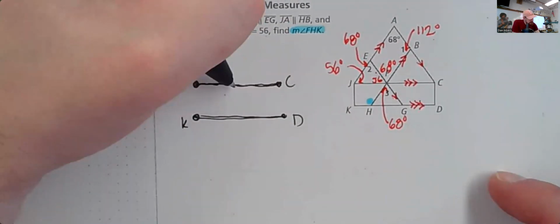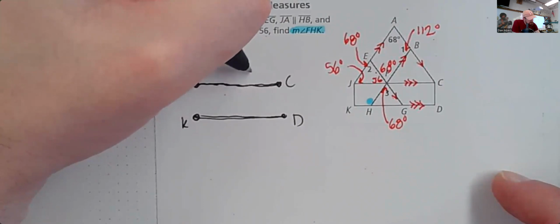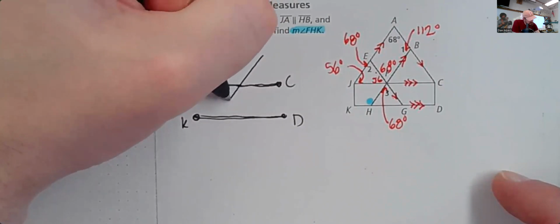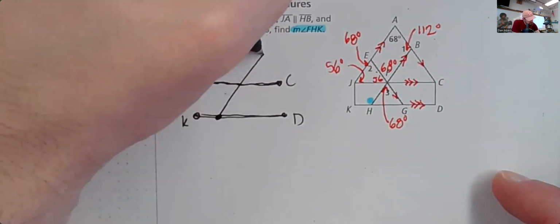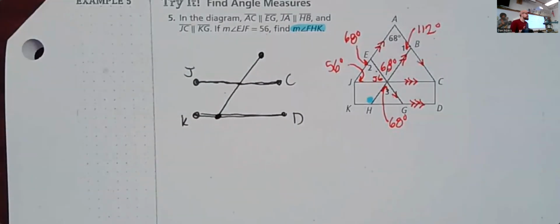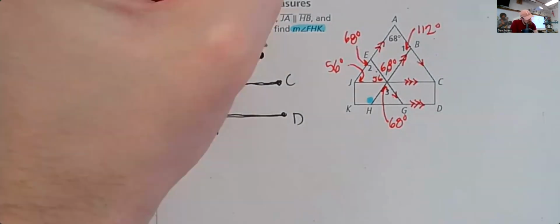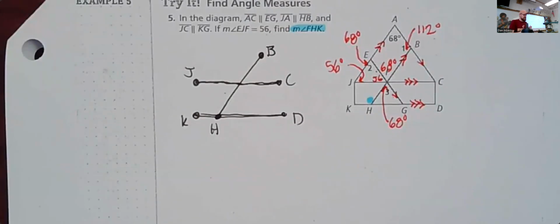And then if I were to draw from B down to H, like that. So here's H, here's B. Basically what I'm doing is I'm decluttering the diagram so we can focus on just a little part of it.